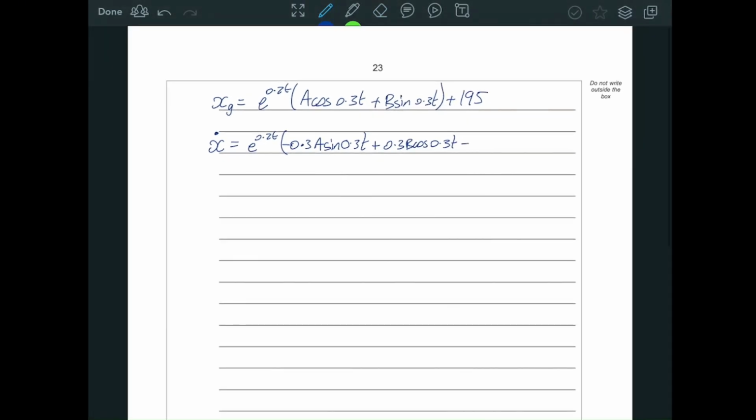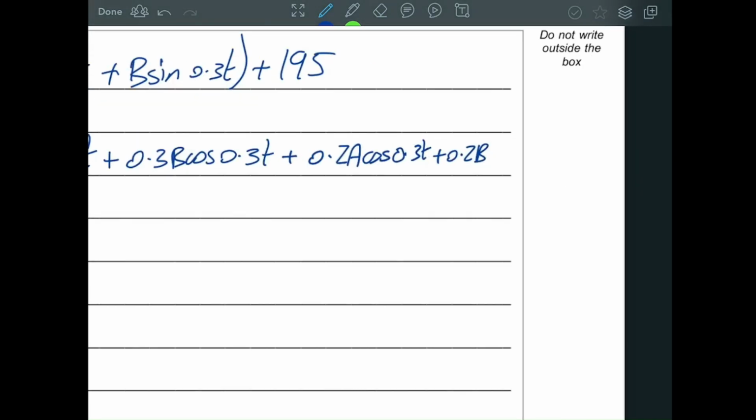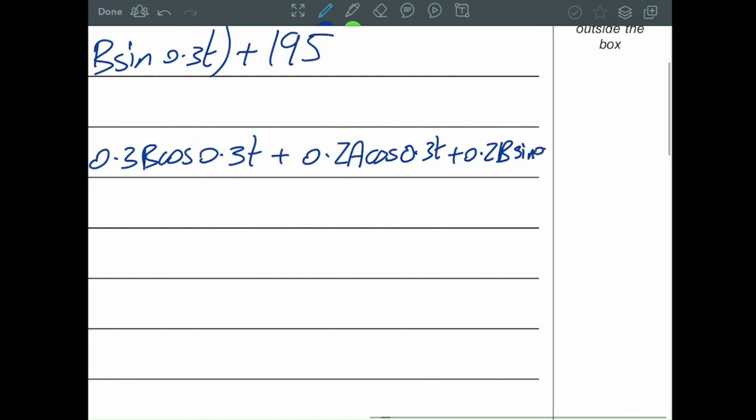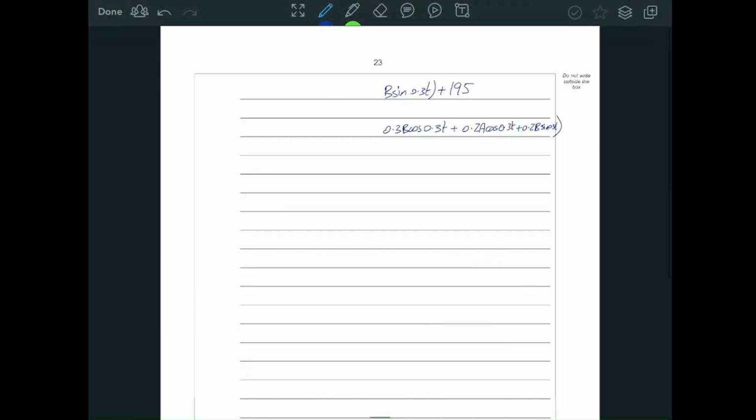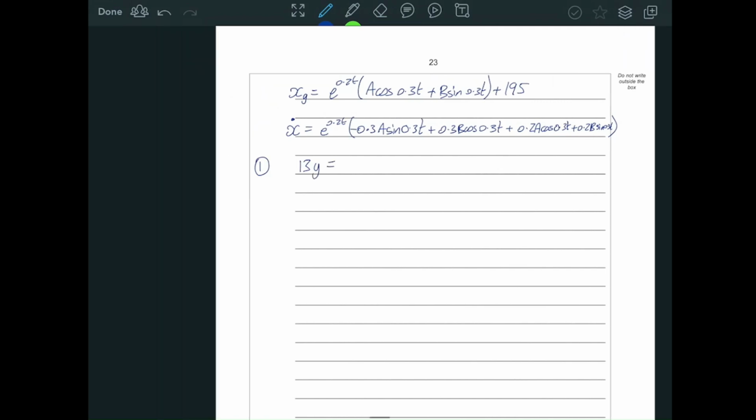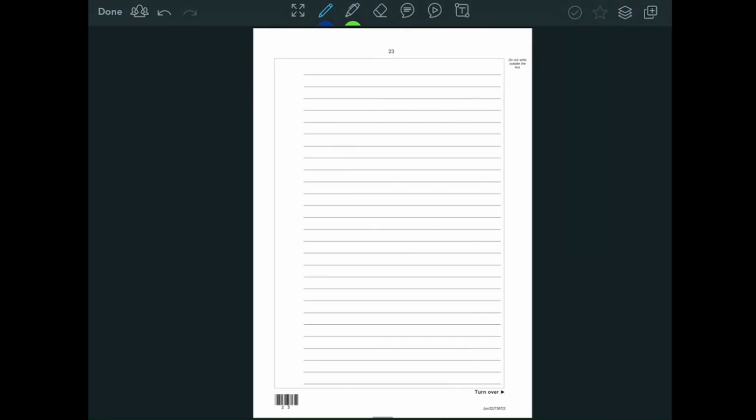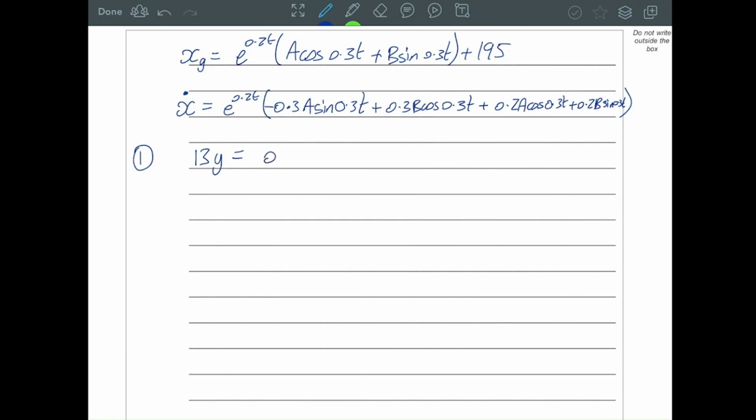Or I could have differentiated the e term, 0.2b sine 0.3t, gone outside the box slightly. The 195 just disappears. And then equation 1 is telling me that 13y is equal to 0.4x minus x dot.